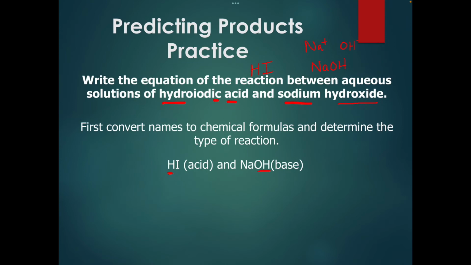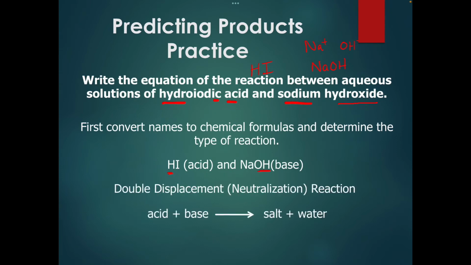Anytime we have an acid plus a base, it is always going to give us a salt and water, okay? Every single time. So we just need to figure out what the formula of this ionic compound will be. The part of these compounds that's forming the water is the H from the acid and the OH from the base.